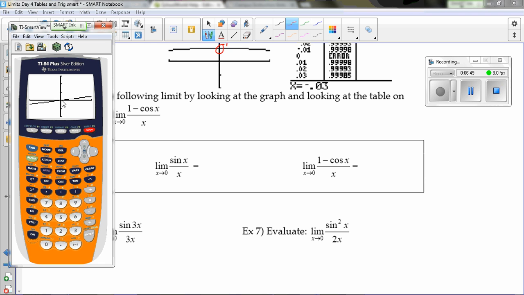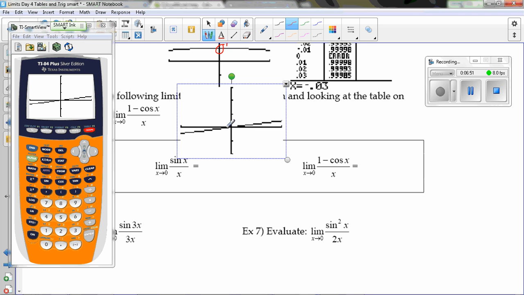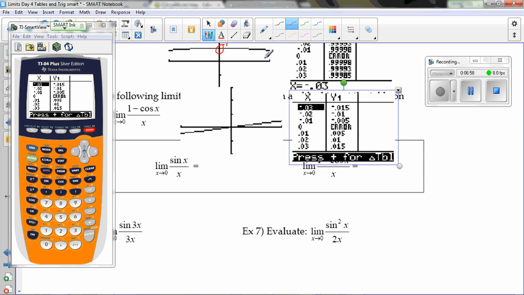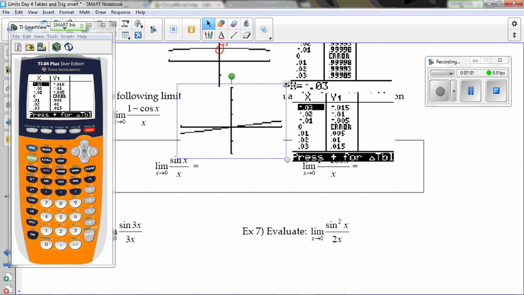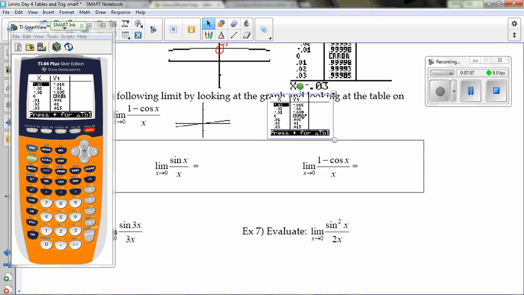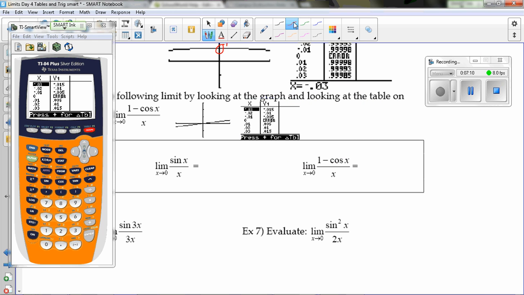It seems to go through 0. I'm comfortable with that. And if I look at the table, again, that also seems to go to 0. So to me, it sure looks like this limit equals 0 and the other limit equals 1. The graph and the table seemed to support it. So the limit of 1 minus cosine x over x is 0.